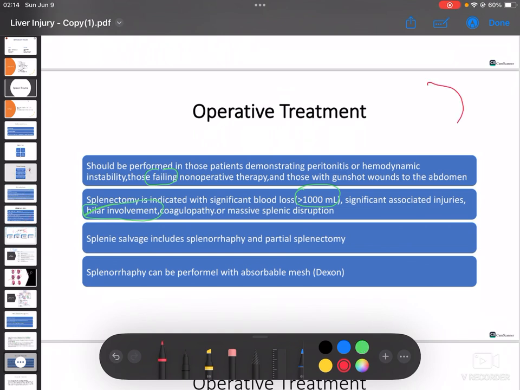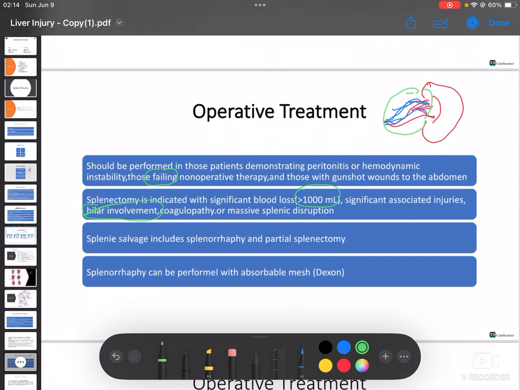So this is very important, whether the hilum of the spleen is involved or not, whether there is arterial or venous involvement present or not. This is important. So the hilum is very important, whether there is hilar injury present or not.